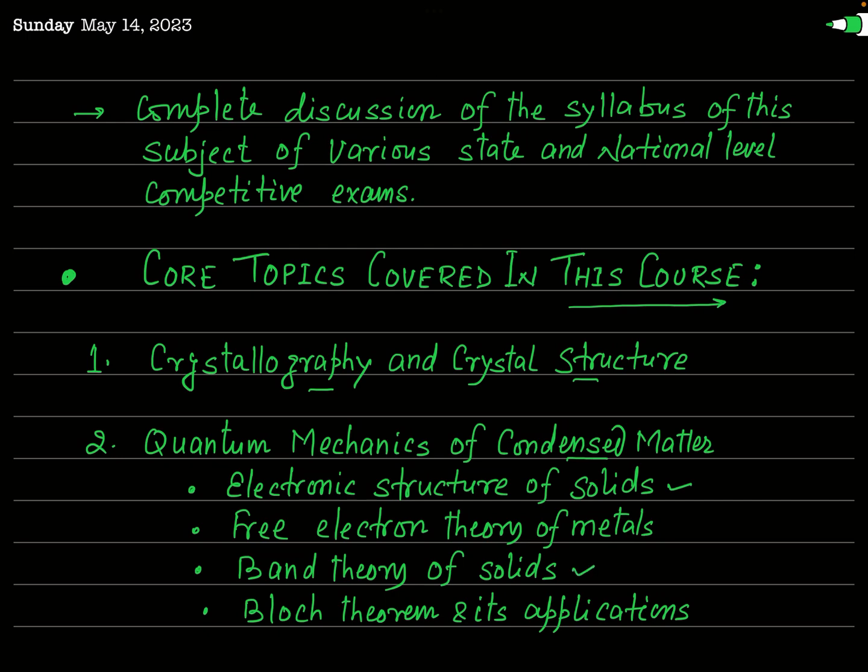In band theory of solids, we will study the Bloch theorem and the KP model, which provides the band structure of solids, and we will also classify materials into semiconductors, insulators, and conductors. In this band theory of solids, we will also discuss different types of binding in solids.